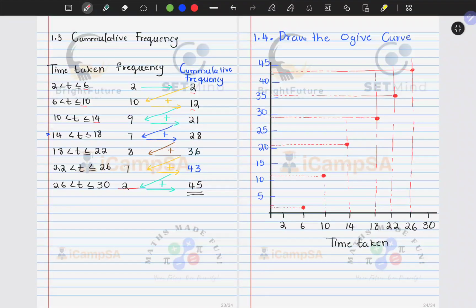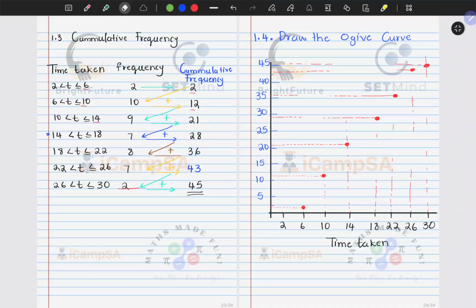Okay. There. And then now if you observe carefully, the last one, which is 30, that is at 45. Okay. So that is there. Okay, so that is about what you were expected to be able to do for this here.